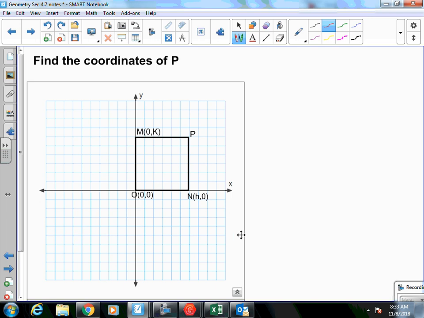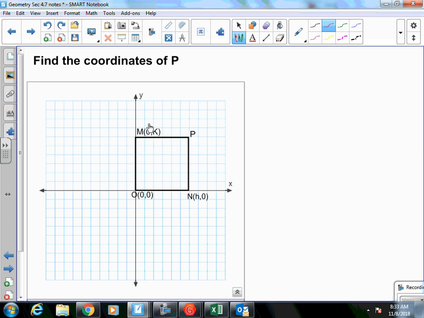All right, and then here, we want to find the coordinates of point P. We're doing that based on the coordinates that we have for the other points in the picture. It always throws people off when they look at these coordinates and they see letters instead of numbers.